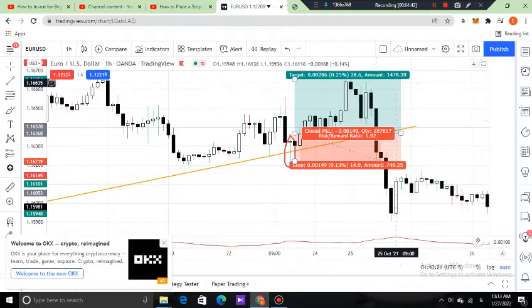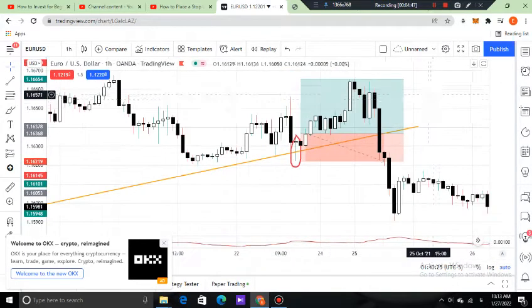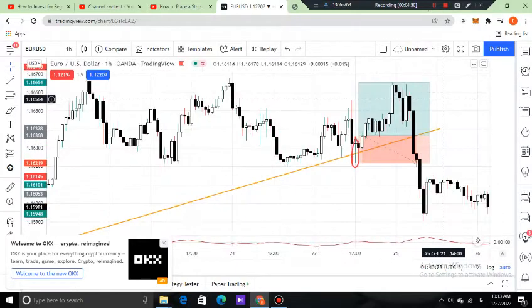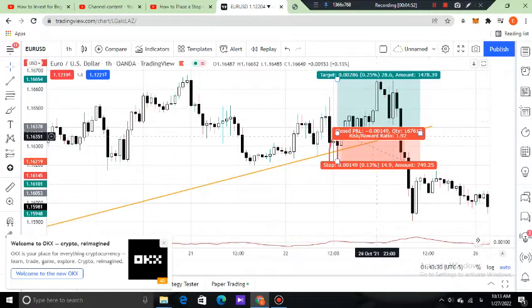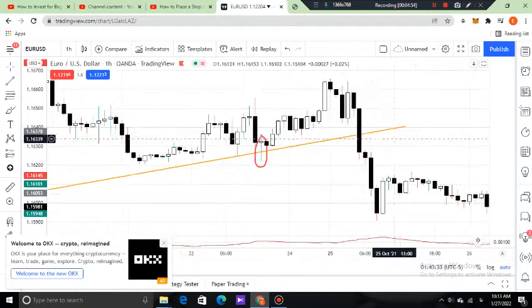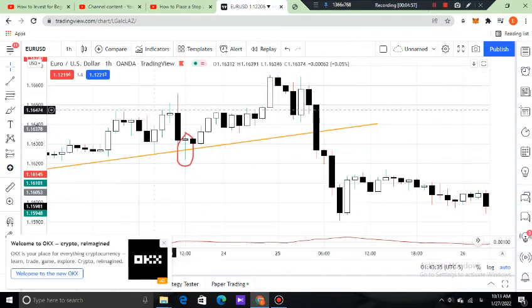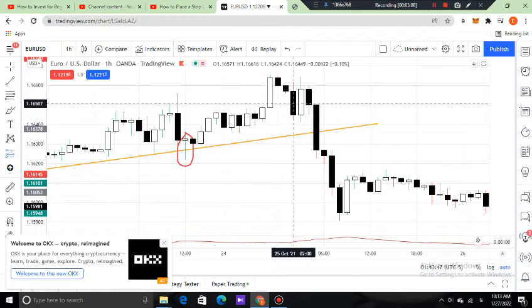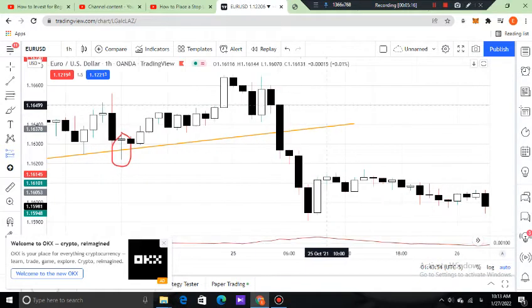Let's say it hit your target here. But let's say you enter the position, and this time not only does it not hit your target, but it also hits your stop loss. That's your signal bar, this white one, which is both signal bar and entry bar.